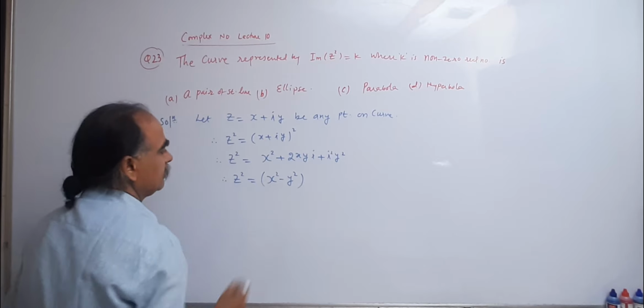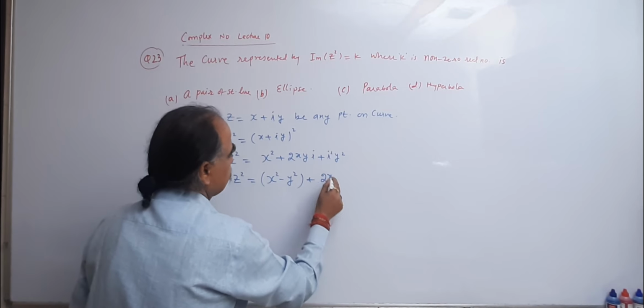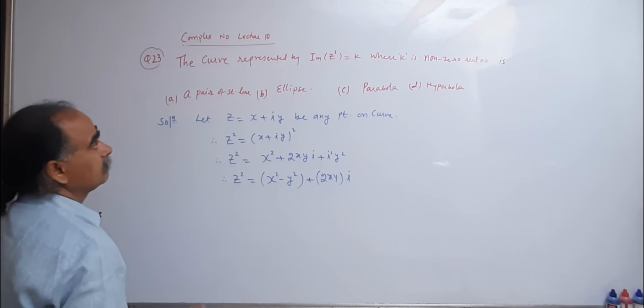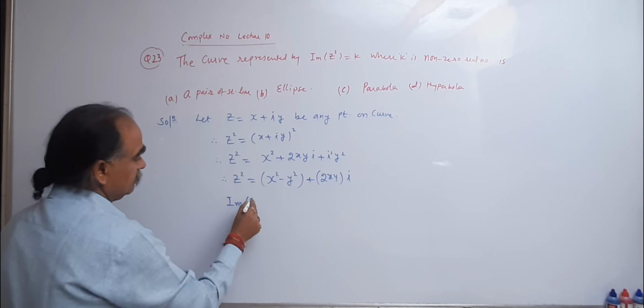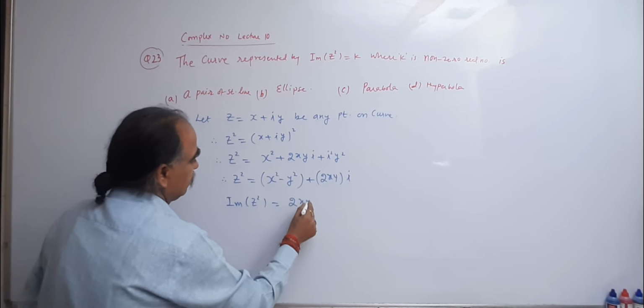Minus 1. So x square minus y square plus 2xyi. The imaginary part of z square is what? 2xy.